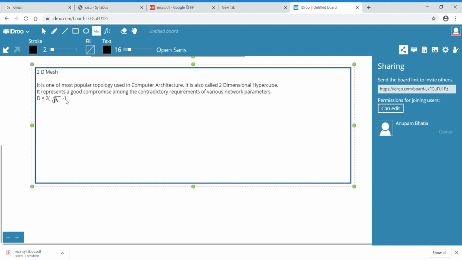Fine. It has good bisection bandwidth, where p is equal to square root of n.